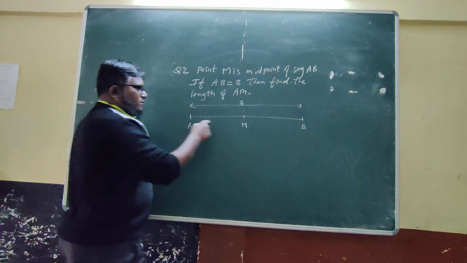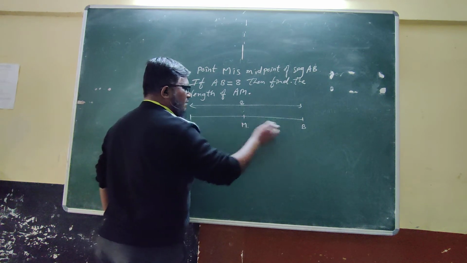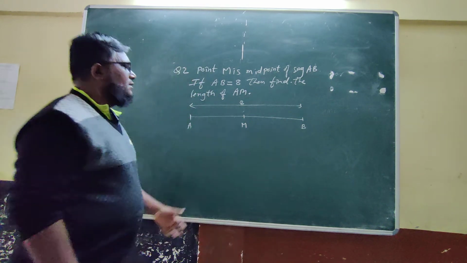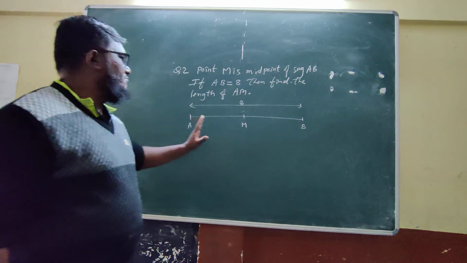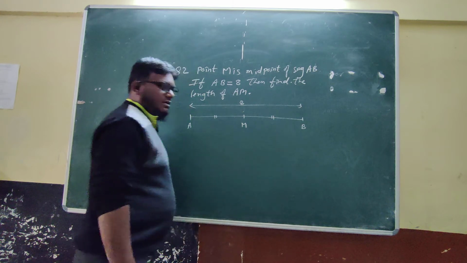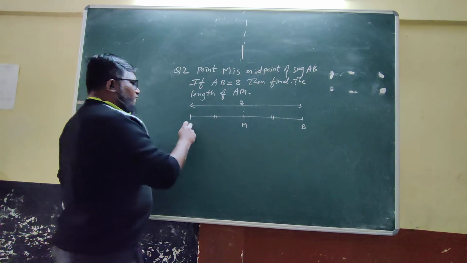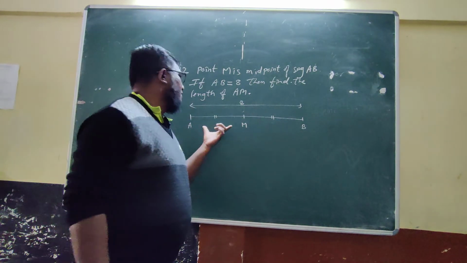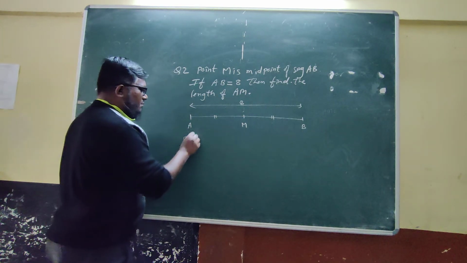Now students, I have drawn the segment AB, in which AM and MB are two parts made by midpoint M. We have already seen that the midpoint divides the line segment into two equal halves, and they are called congruent to each other. If the full length of AB is 8, then the half length of the segment should be 4. Then how to solve this example?